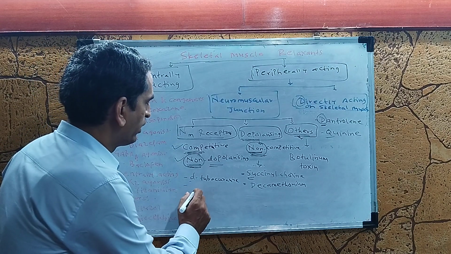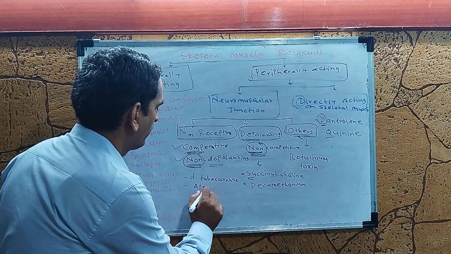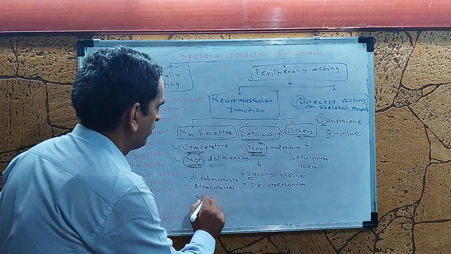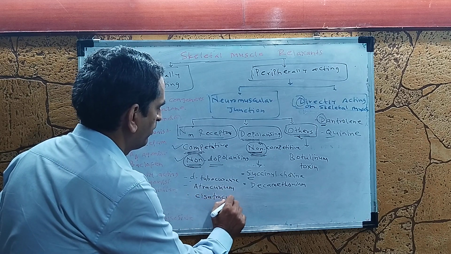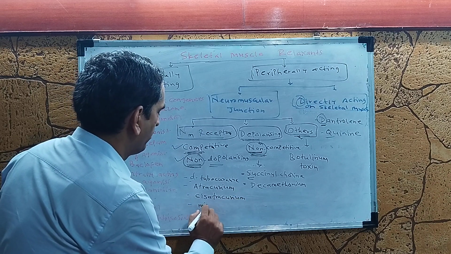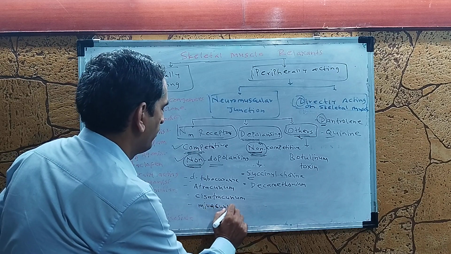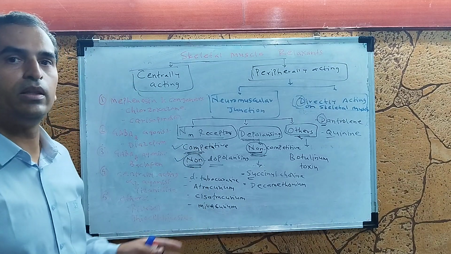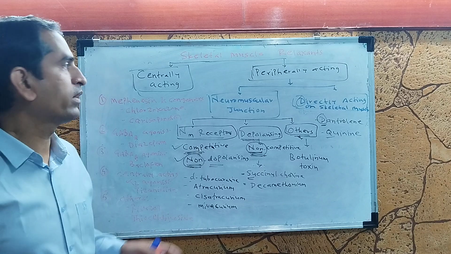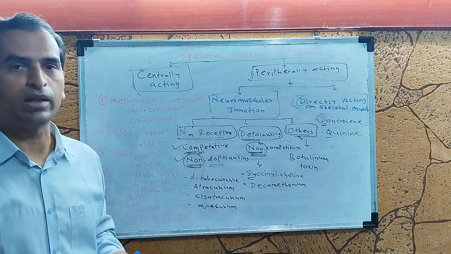The other drugs include atracurium, cis-atracurium, mivacurium, rocuronium. So these are the competitive blockers which are of the non-depolarizing type of skeletal muscle relaxant. So this is the overall classification of skeletal muscle relaxants. Thank you.